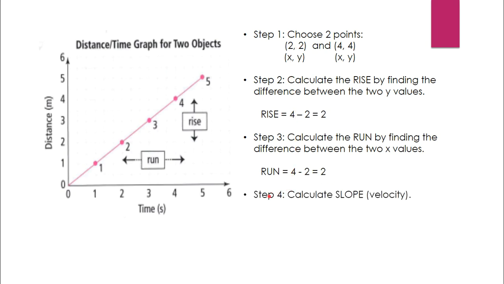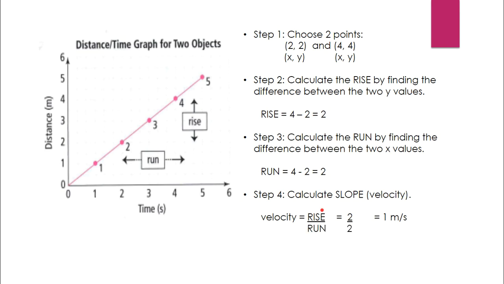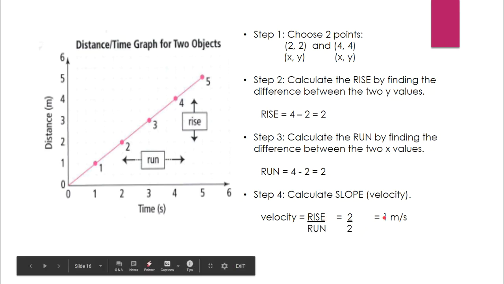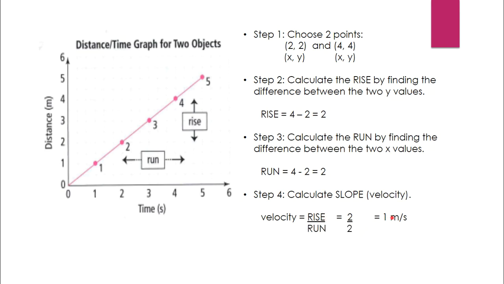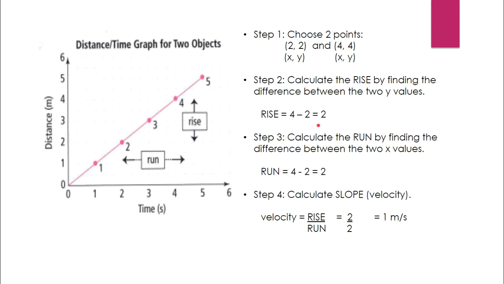And so step 4 is to calculate the slope or the velocity of the line. Velocity is equal to rise, which was 2, over run, which was 2, and that equals 1 meter per second. So that's how you calculate the slope of a line.